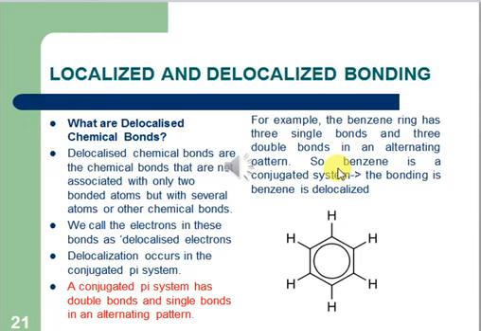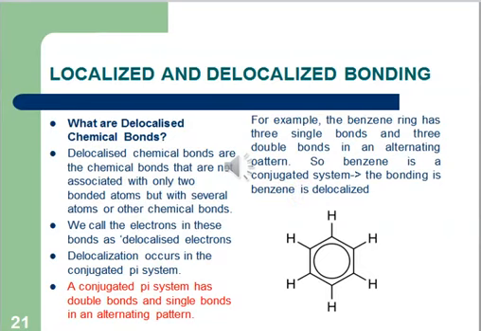You can see the benzene ring here. The ring inside this benzene structure indicates that electrons are not fixed between two atoms, but are part of all of these atoms. This indicates the delocalized electrons and delocalized bonding. Delocalized bonding always exists when a system is conjugated.